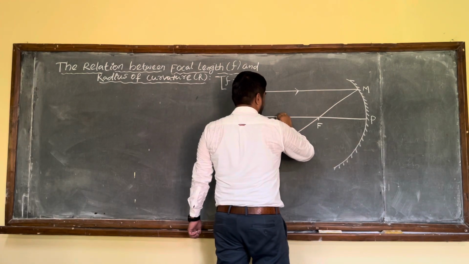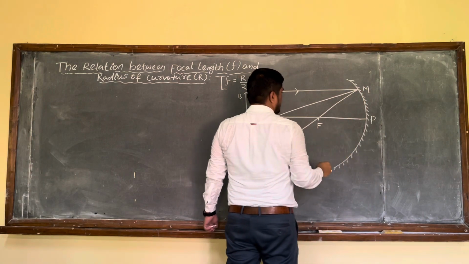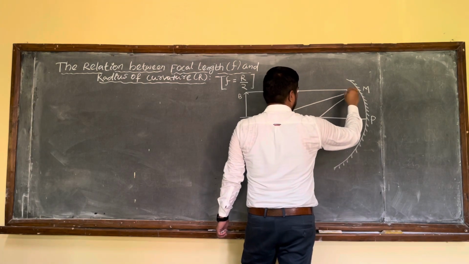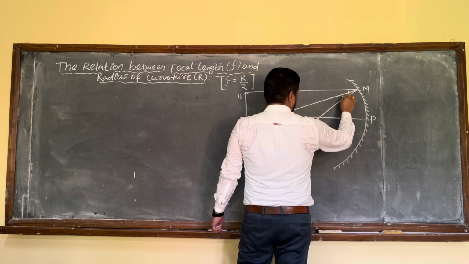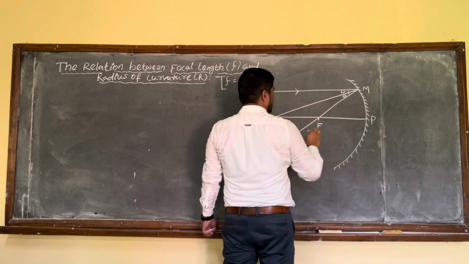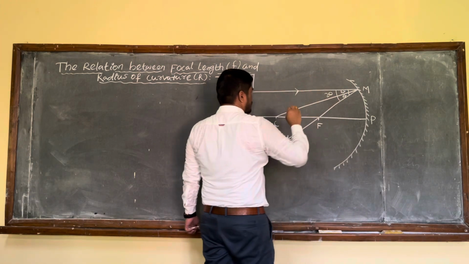When you join CM, it will be perpendicular to the mirror and it will be the bisector of this angle. So these two angles will be equal, and let these two angles be theta and theta. So this total angle will be 2 theta.